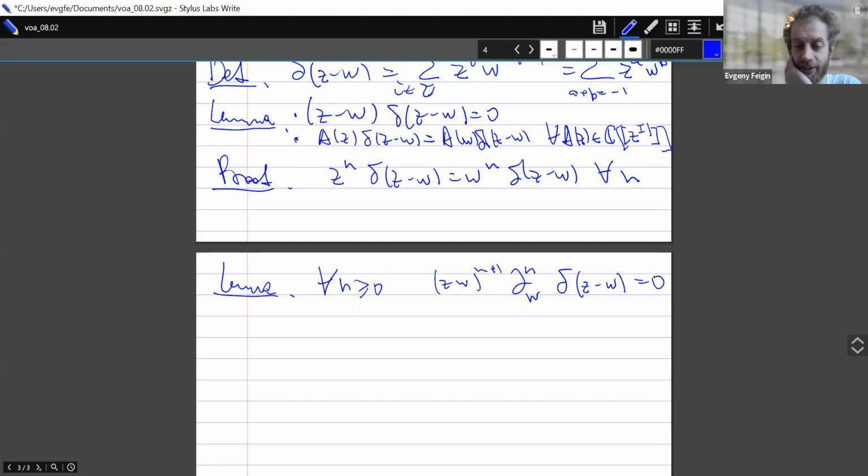Is it clear what's written here? Can you repeat again? Sure. So this is (z minus w) to the n plus 1. Maybe I should write it more carefully.